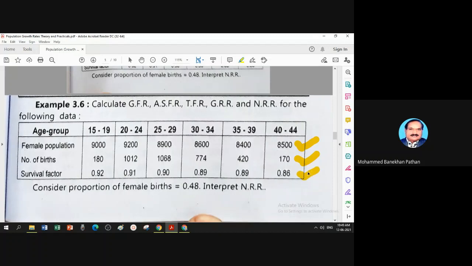It is a probability, a chance. Consider proportion of female birth 0.48, and after getting the value of NRR, you have to give an interpretation: whether population has an inclined trend or declined trend. Growth will be increasing or decreasing. This is example 1.